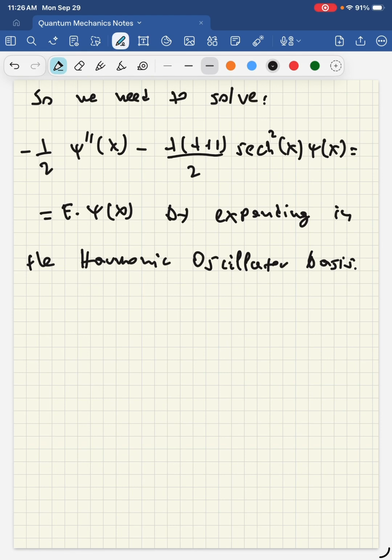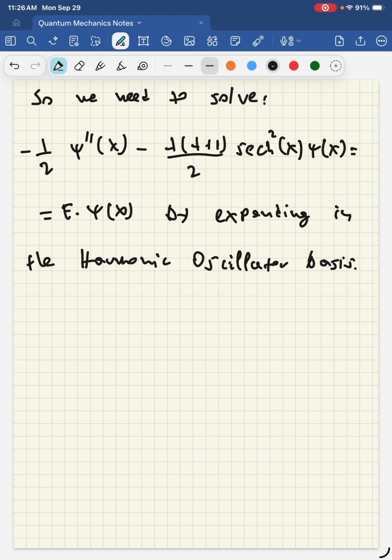So we know the solutions. Therefore, if we expand in the harmonic oscillator basis, we can directly compare the result we will get by diagonalizing the Hamiltonian matrix with the actual functions that we calculated and we know about.